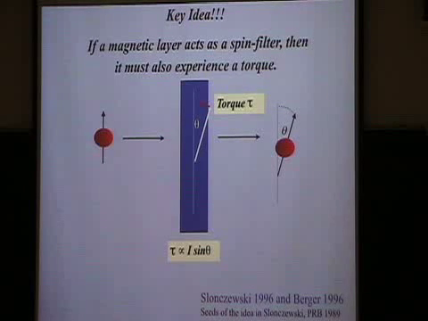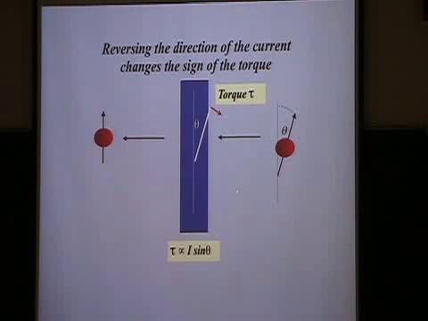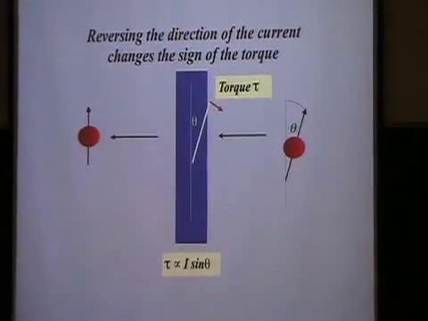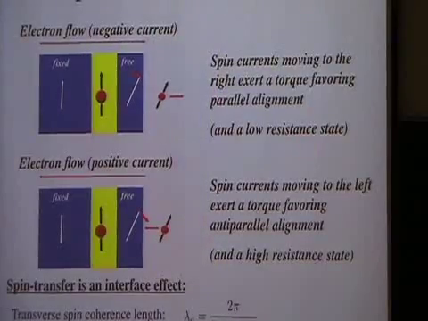So that's a very nice paper to read to get an idea of where this comes from microscopically in a simple situation. So the idea is that if you have this filter, there should be a torque. And if you were to reverse the sign of the current, you would reverse the sign of the torque. Conservation of angular momentum.